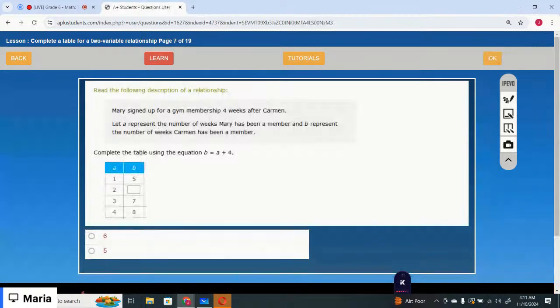Complete the table using the equation b equals a plus 4. So which is the correct option? The correct option is 6.